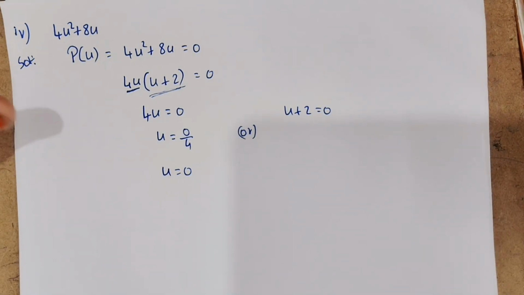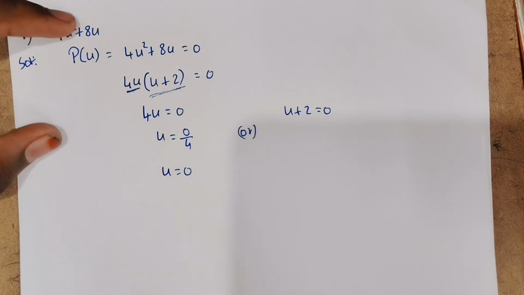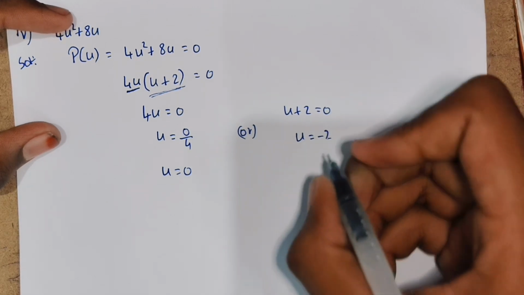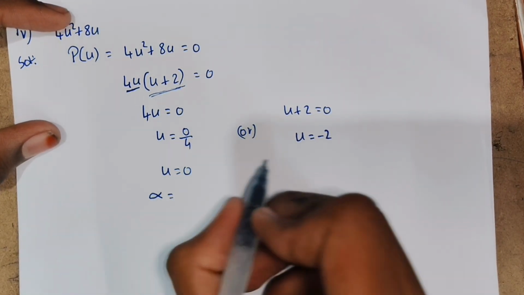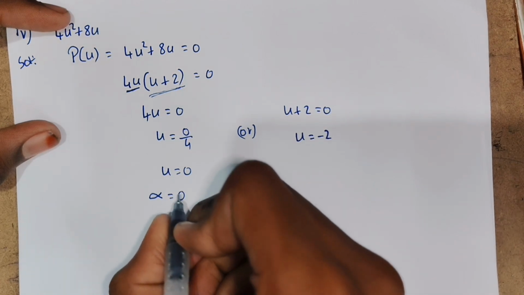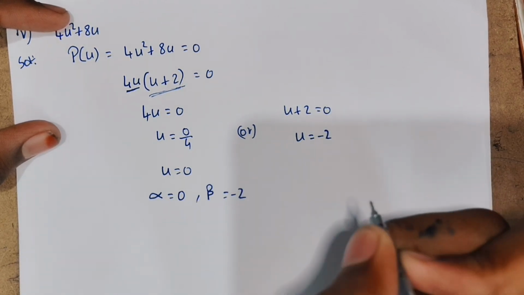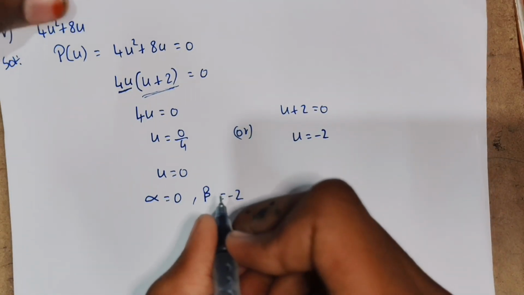When u plus 2 is equal to 0, if we transfer plus 2 to the right side, it becomes minus 2. U is equal to minus 2. So by these two zeros I am writing alpha is equal to 0, beta is equal to minus 2. So we got both alpha and beta.